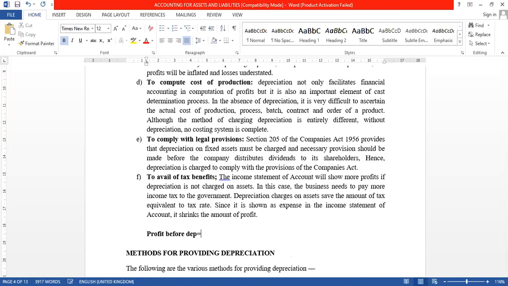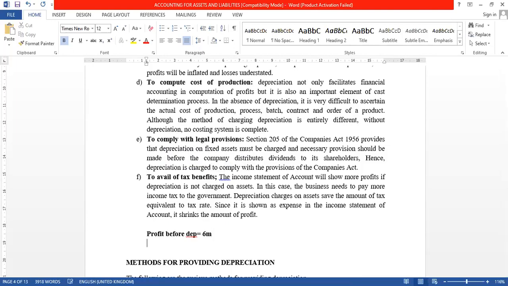If you say that profit is 6 million, for example, you know tax is paid on profit. And therefore, if tax is 20%, this means that you will pay a tax of 1.2, right? If it is 20%, then it means tax will be 1.2, right?